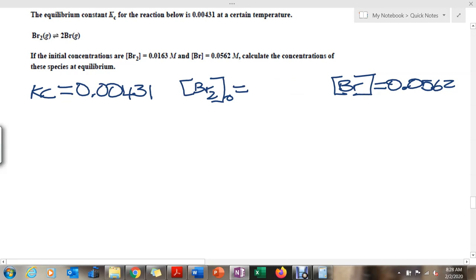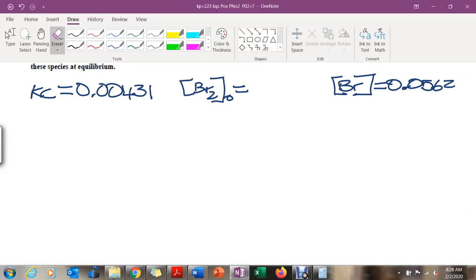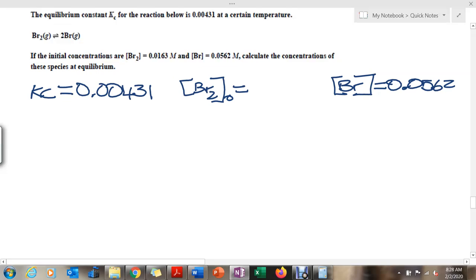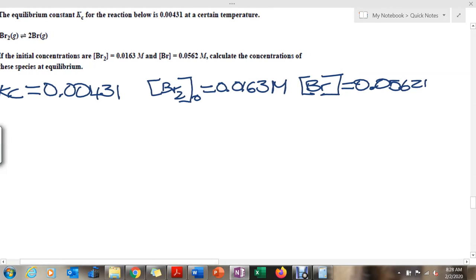And it's important because which are they giving me? If they give you the mole, you divide it by the total liter. Here directly, you don't have to do it because they're giving you the molarity. So it's 0.0163 molar, and this would be molar too.